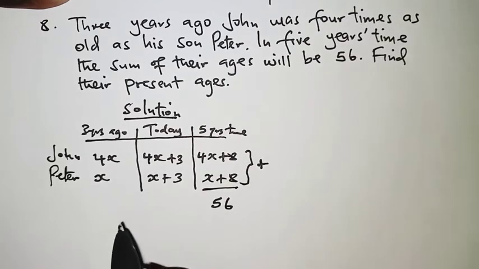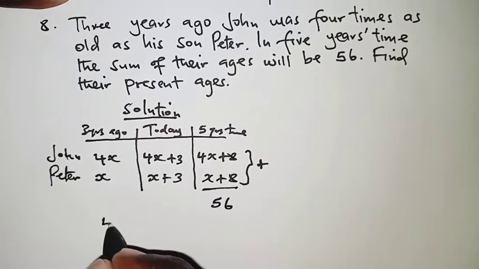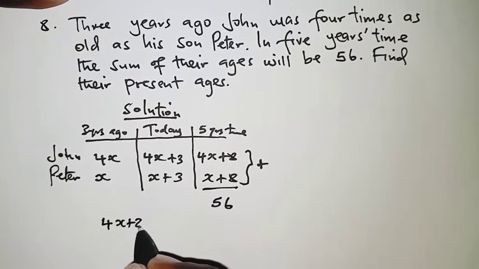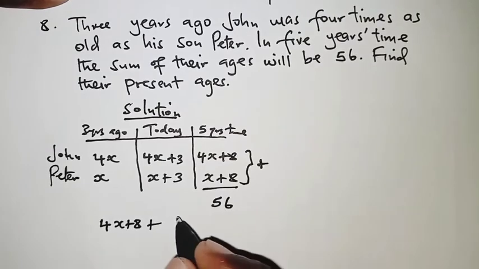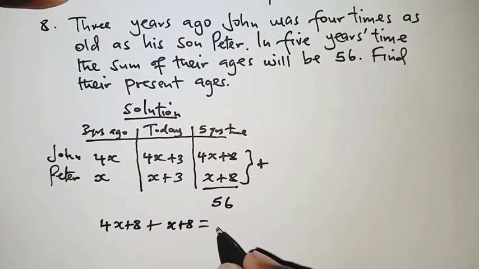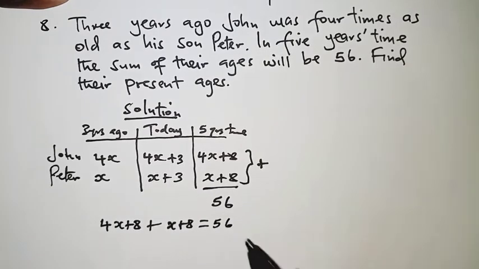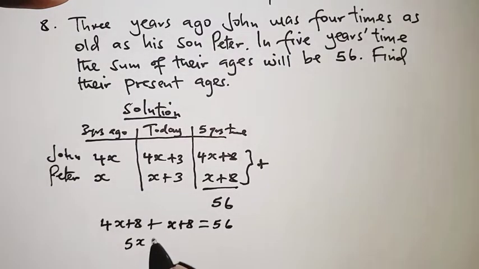So we have the age of John, which is 4x plus 8, plus the age of Peter, which is x plus 8. That should give us 56. So we are going to have 4x plus x, that is 5x plus 16, that gives us 56.